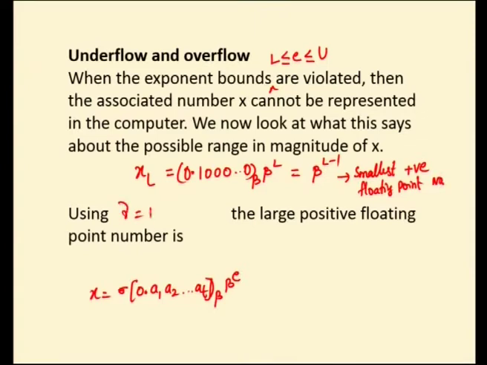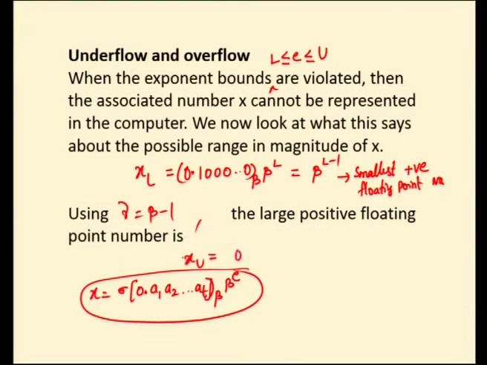Using gamma is equal to beta minus 1, okay, the largest positive floating point number is xu is equal to point gamma, gamma etc. up to gamma suffix beta, beta to the power u, and this is 1 minus beta to the power minus t into beta to the power u.